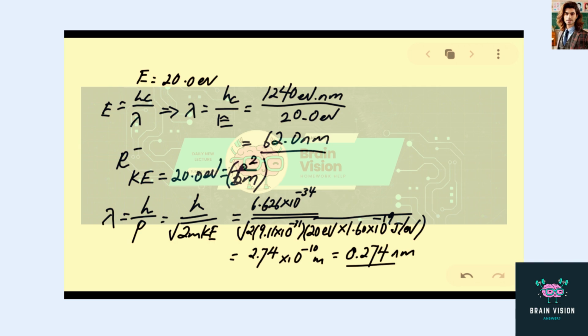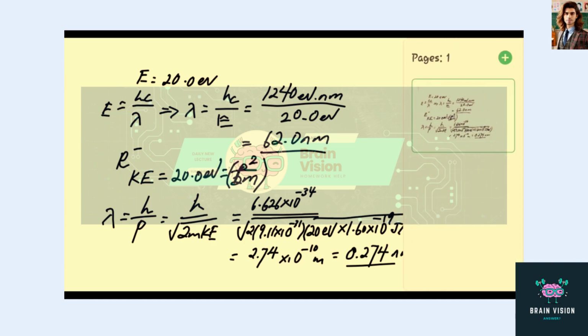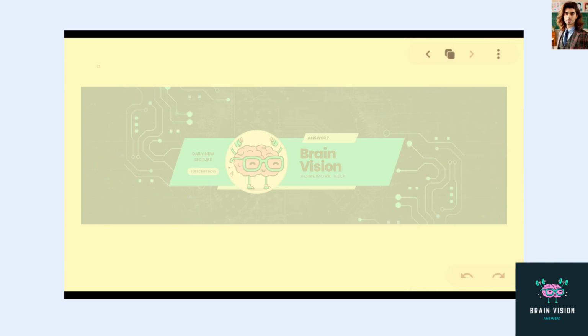For the next part of this question, we are given both of them have the same wavelength, right? Both the photon and the electron have a wavelength of 250 nanometers. We want to find what are their respective energies. So for the photon, it's very simple.